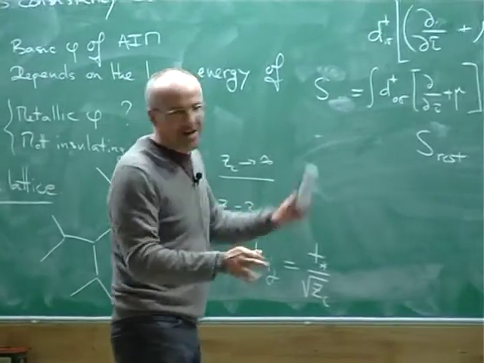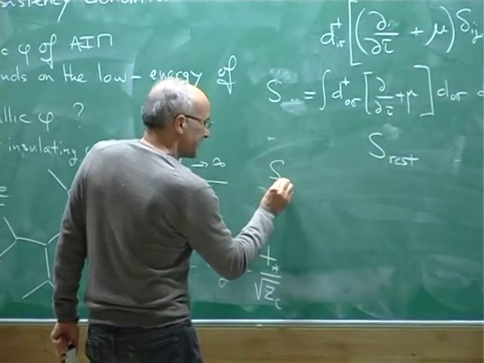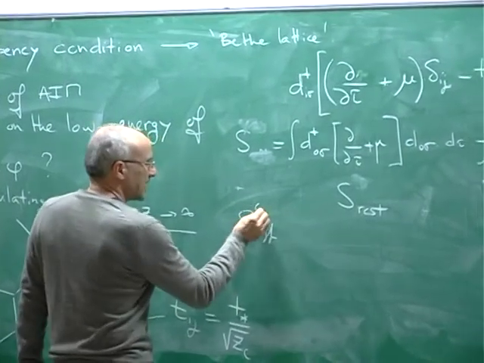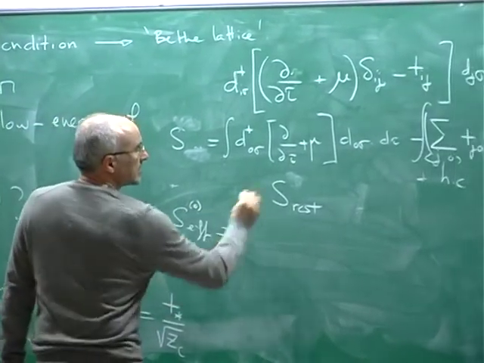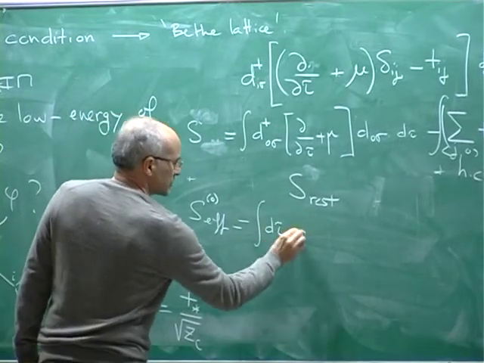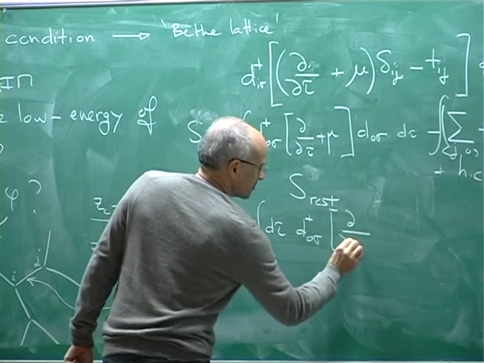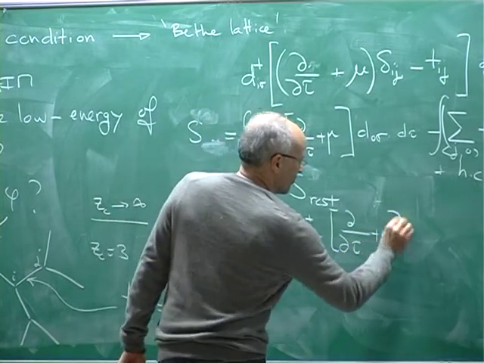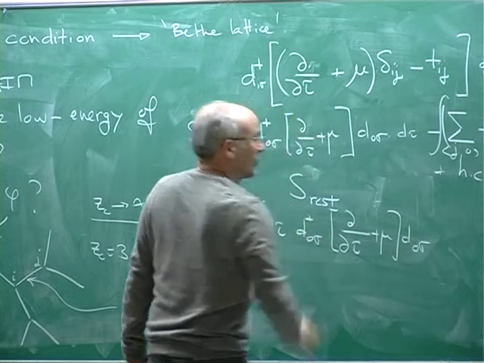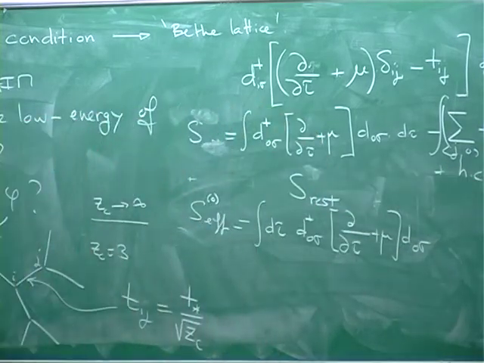Even at that time of the day, I more or less can do it too. And so what you get then is that the effective action for that site 0 is equal to this, which of course we didn't do anything about. And then this term will lead me to the following thing.